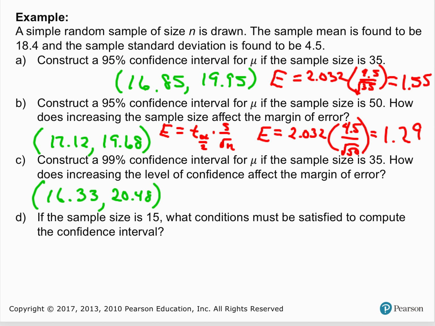Now it asks the same thing about how our margin of error is affected. So this time, our T sub alpha, since we want a 99% confidence level, so we're looking with 34 degrees of freedom, and I want to go over to, yeah, if you need to draw this, draw this. So 0.005 with 34 degrees of freedom, 2.728.